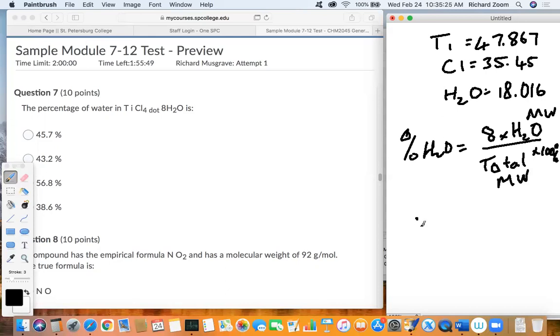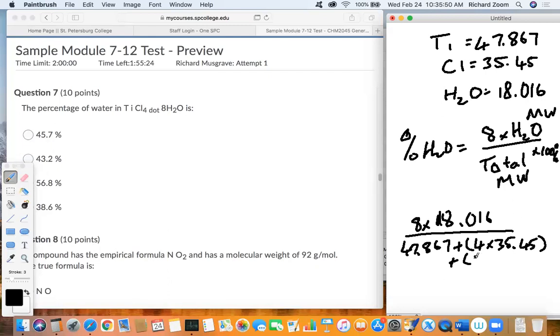So we're going to do 8 times 18.016 divided by 47.867 plus 4 times 35.45 plus 8 times 18.016. So you still include the water there as well. Remember, it's part divided by whole to get a percentage times 100.